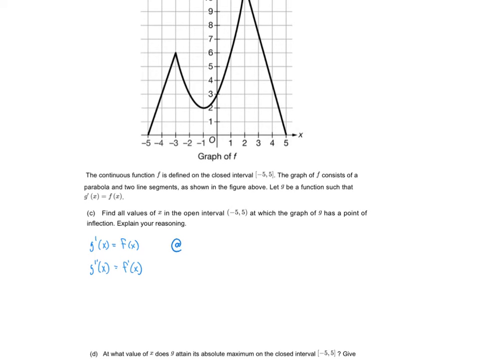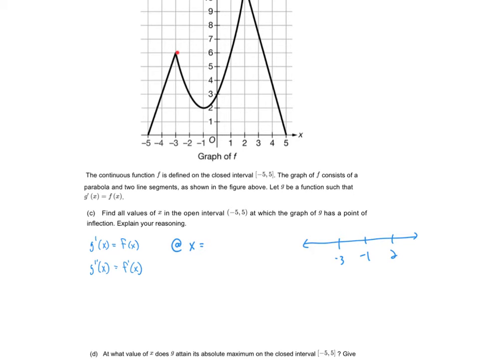But we still have to do a number line here, sorry. So we'll put those values on there: -3, -1, 2. Oh no, we won't do test points. We just look at the graph. That's where f prime is either 0 or undefined at these values. So now we have to see where f prime is either positive or negative.